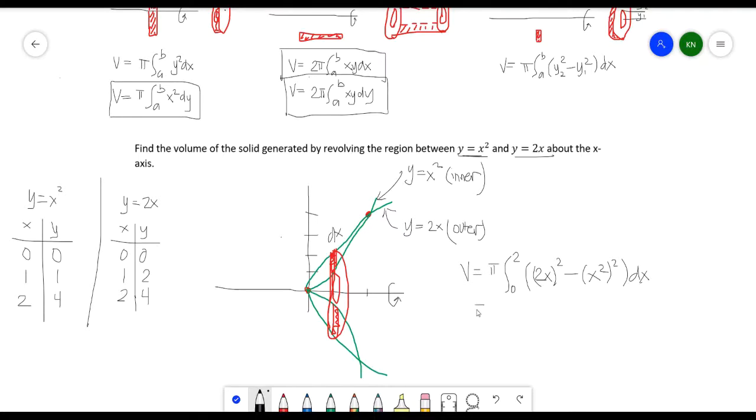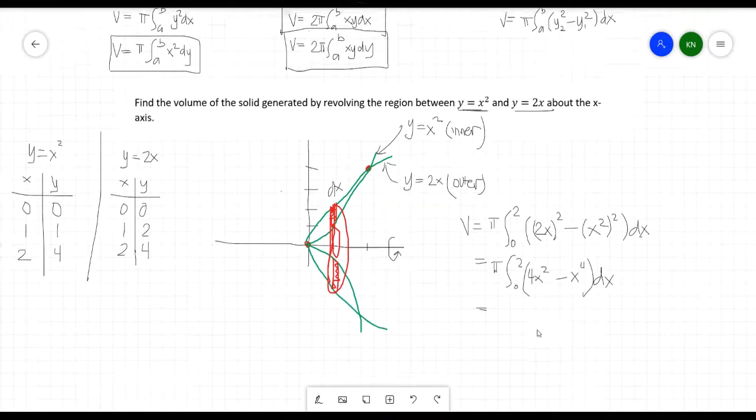So simplifying our equation, we have pi integral of 0 to 2, that is 2x squared, that is 4x squared, minus x squared, that is x to the fourth, and multiply by dx.